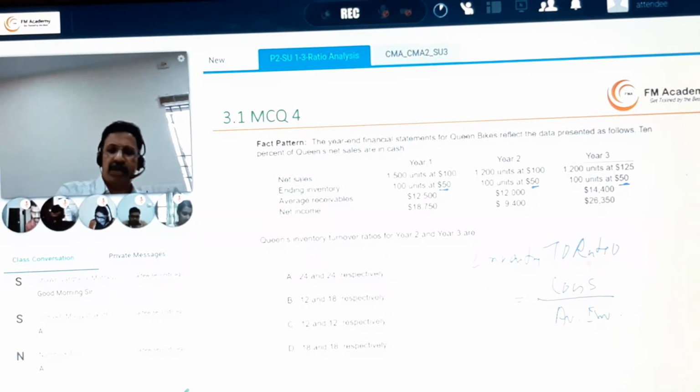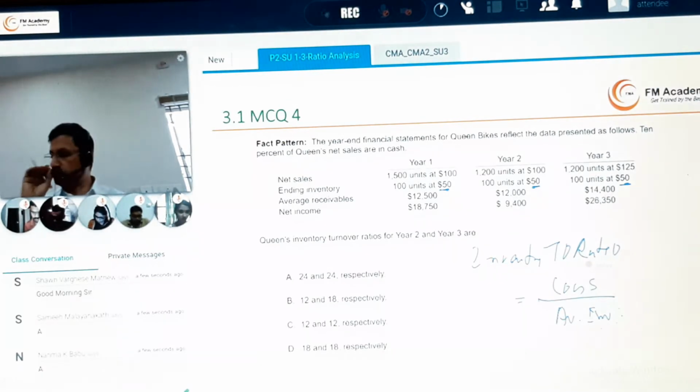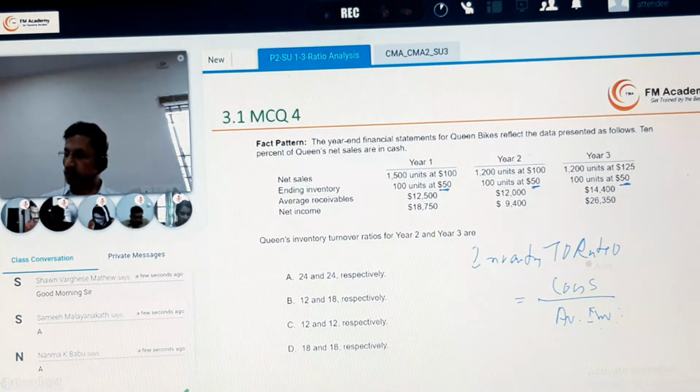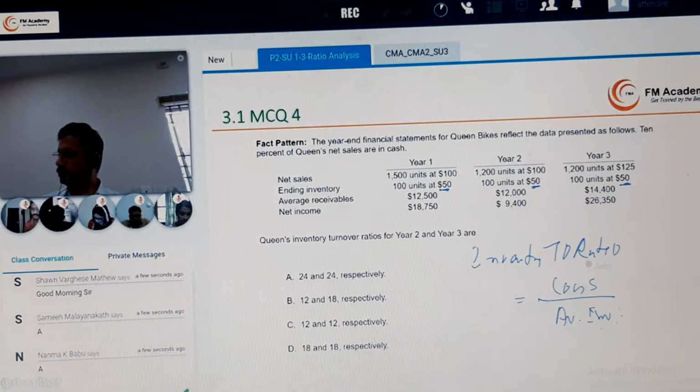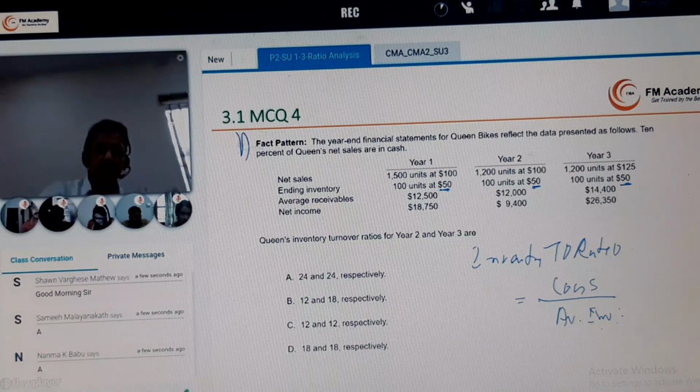When one of you have done it, just please post the answer. Make sure that you are reading the question. At least this portion and this portion.